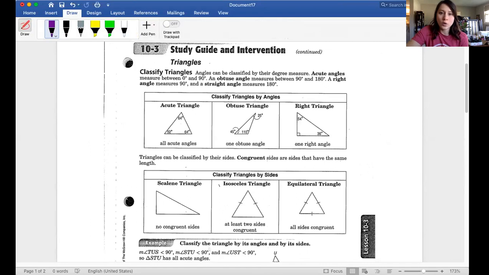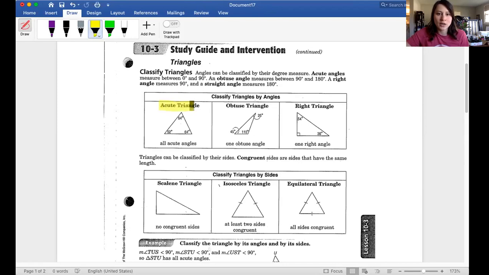But basically for the types of triangles, we have three types separated by their angles. The names of the triangles are classified by the names of their angles. So the first type we have is the acute triangle.